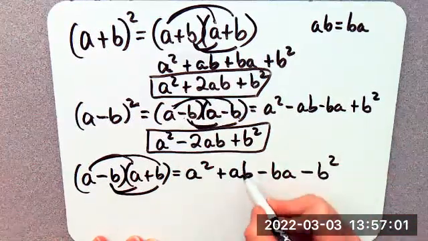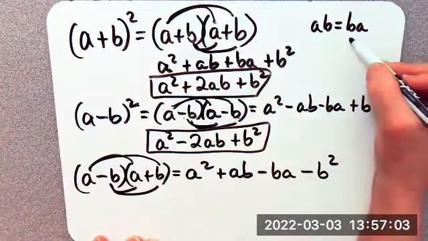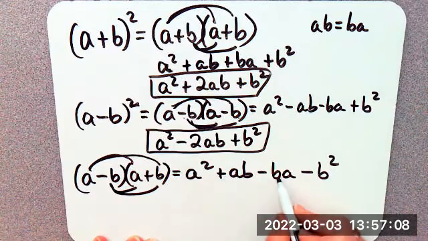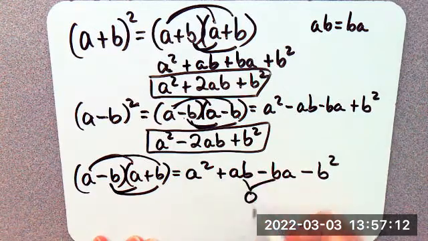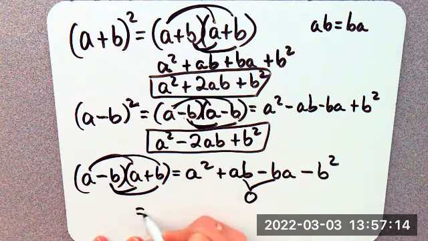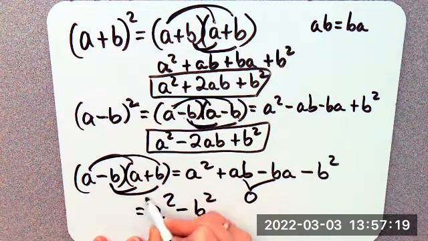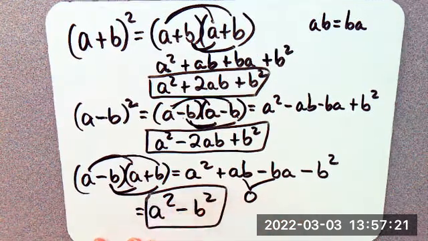Because these two terms are identical, we have additive inverses, and additive inverses equal 0. So this results in a squared minus b squared, our third special case.